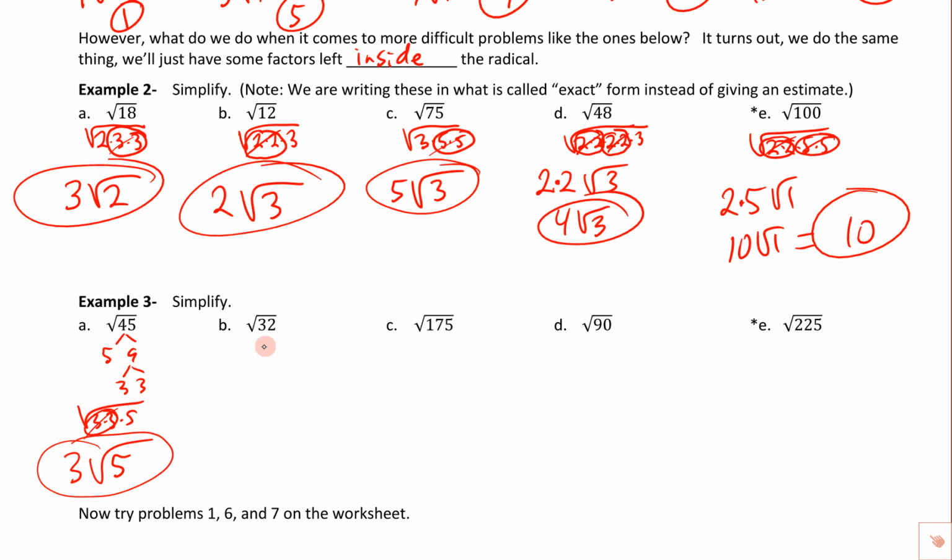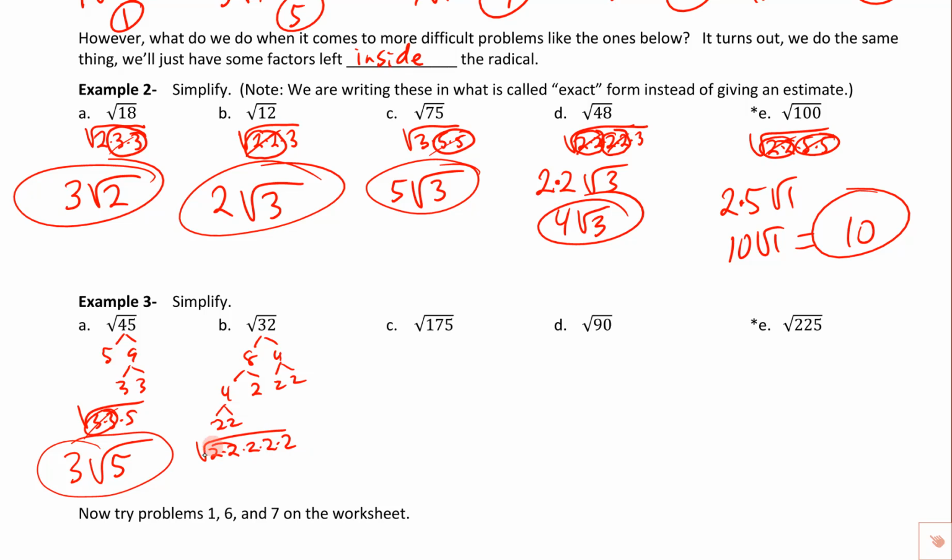Okay, this one's kind of interesting. This would be 8 times 4, which is 4 times 2, which is 2 times 2, and that's 2 times 2. So take a look at what we've got here. We've got the square root of 2 times 2 times 2 times 2 times 2. 32 is actually 5 2's.